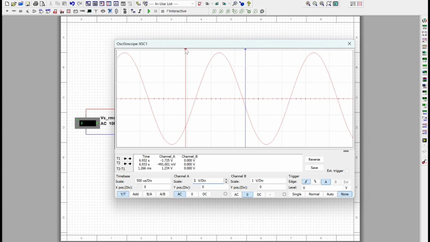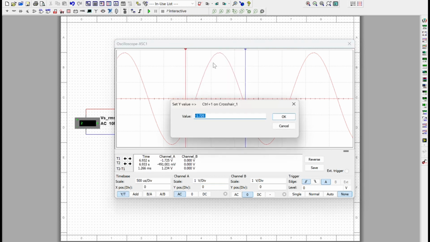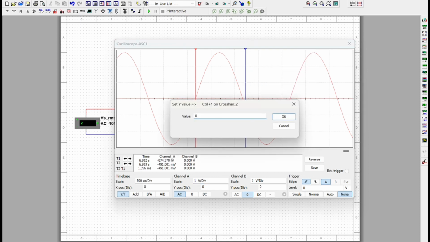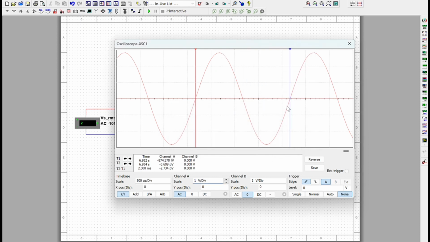And then next we can find our period for this graph by setting the y value to 0 and the other cursor set the y value to 0, so we have a whole period of the graph here, which we find is 2 milliseconds for the time period for this graph.